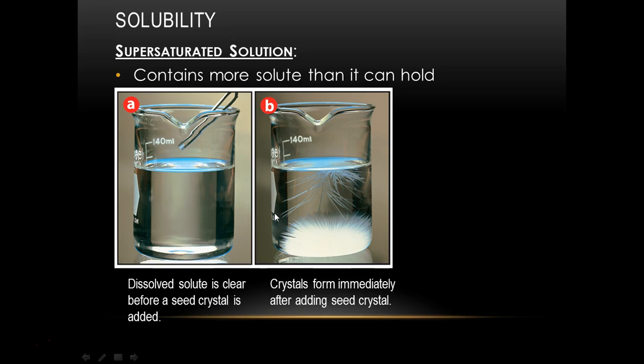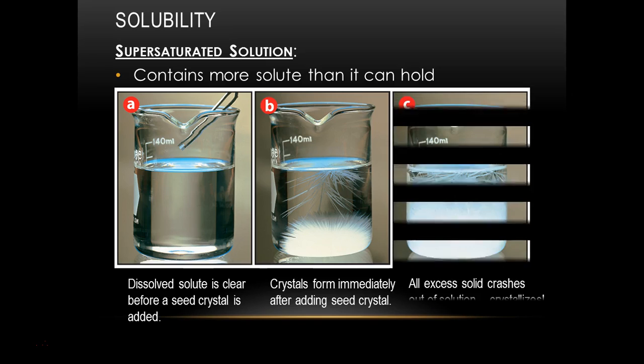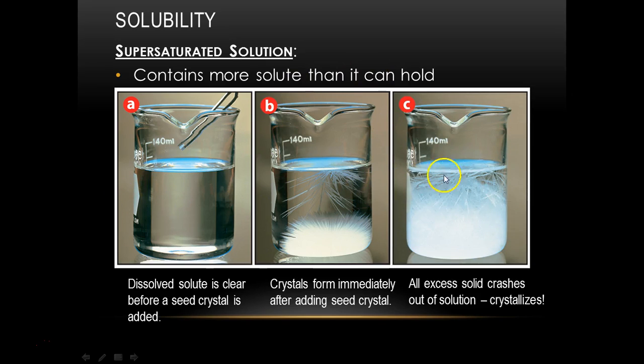So we drop that seed in, and right where it drops, all those extra molecules in that solution are clamoring to get out, and so they grab onto that seed crystal, and that's their point where they can kind of just start to turn into a solid. And then ultimately it will keep crashing out into solid until all of the extra solute has come out of solution. The liquid itself still is saturated, but we have the extra solid out.